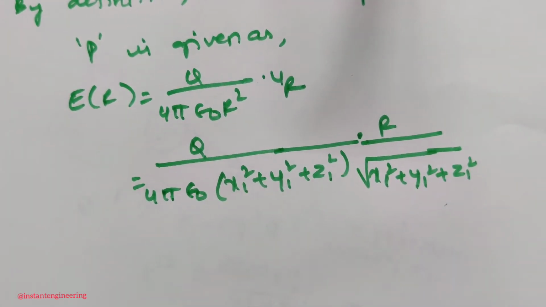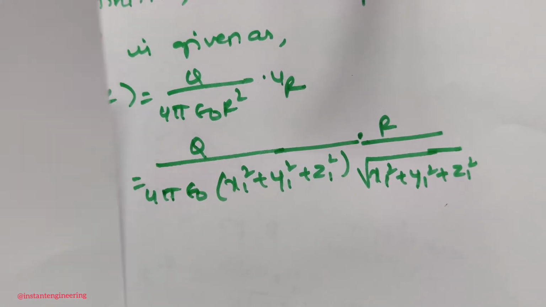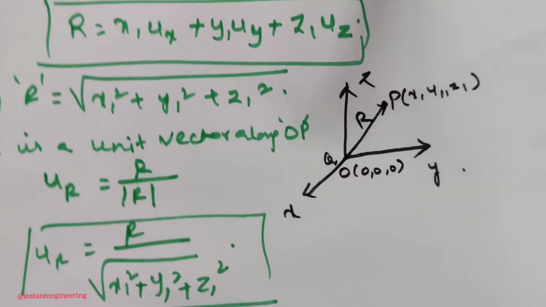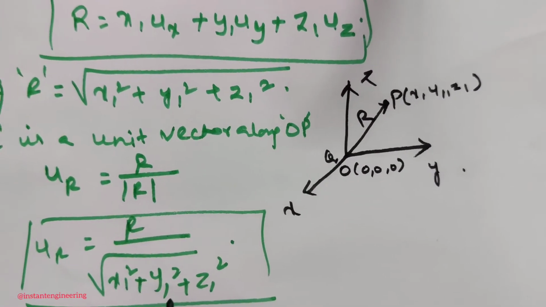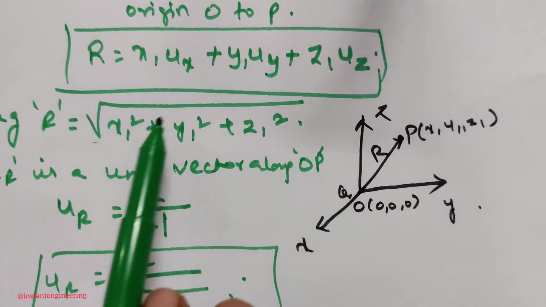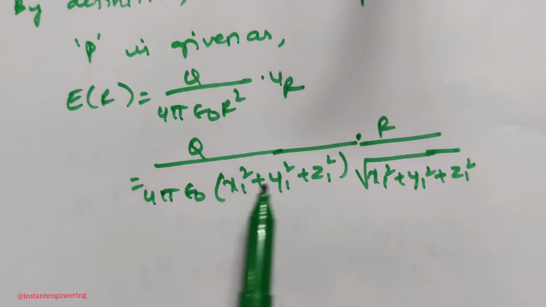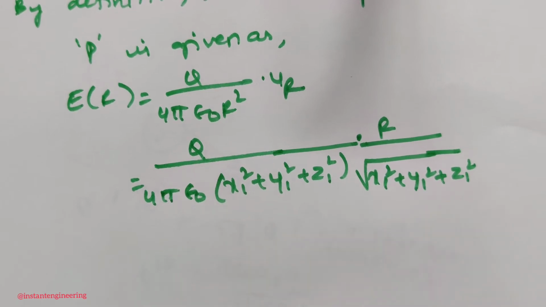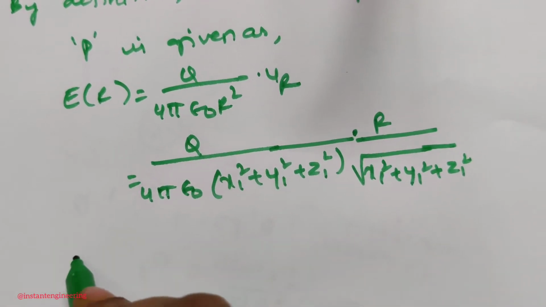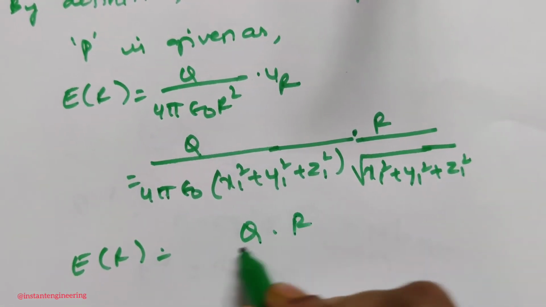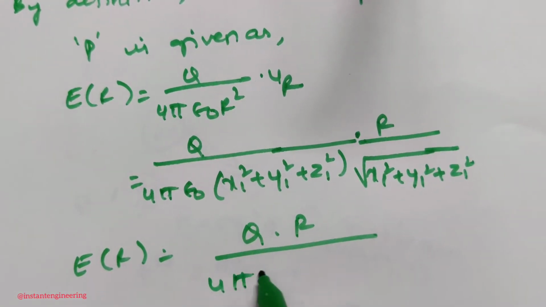Just to show you again what we have done: this is the UR value we got, R by root of x1 square plus y1 square plus z1 square, and this is the R square value we got, which we substituted in this equation. So the E value will become Q into R divided by 4 pi epsilon naught.